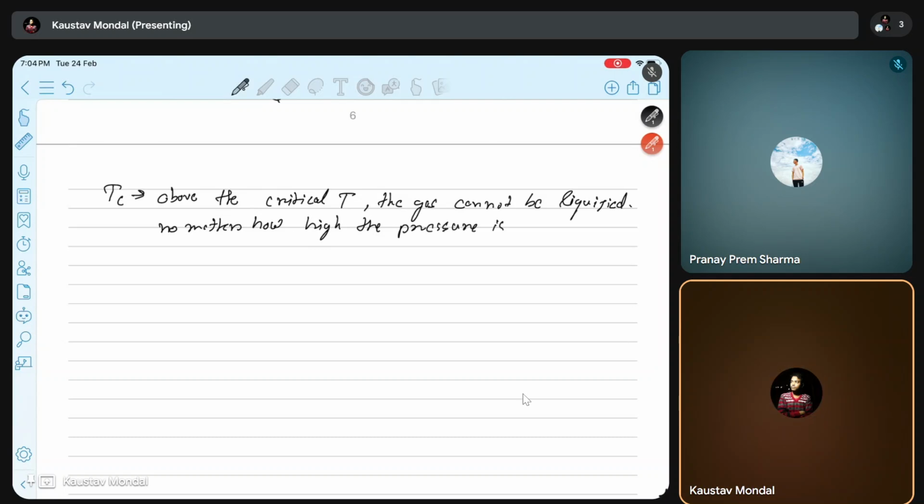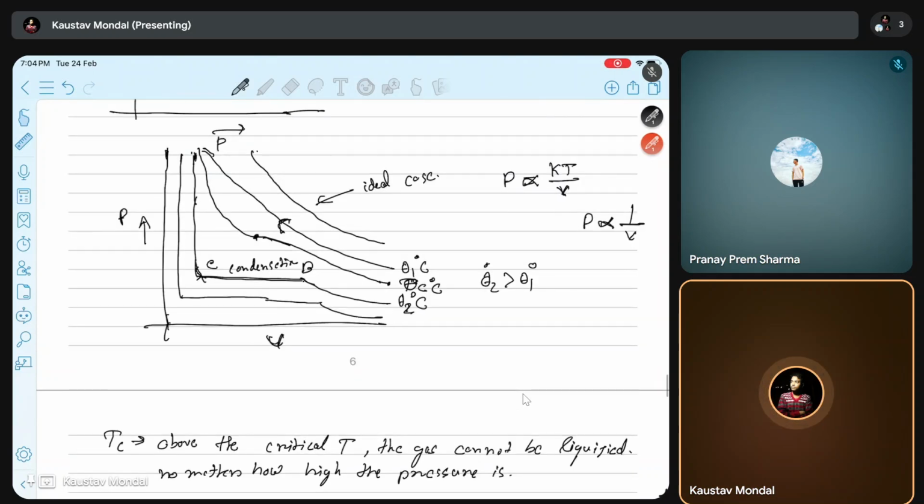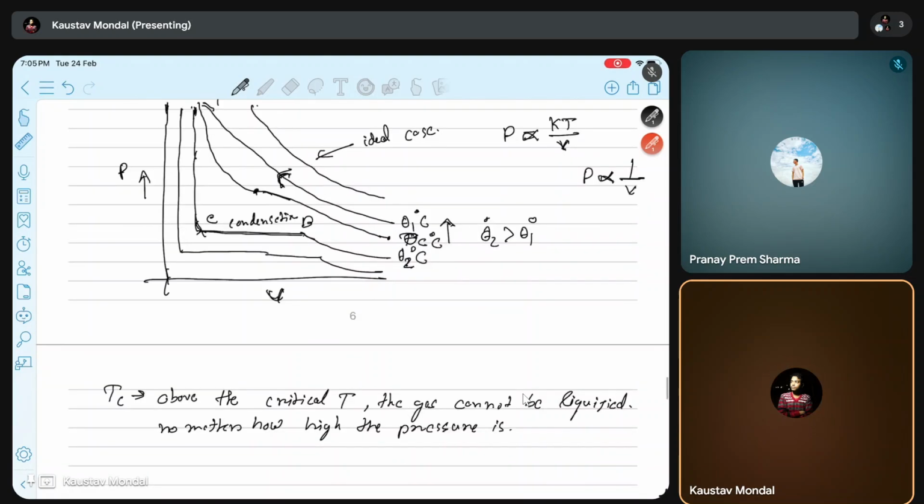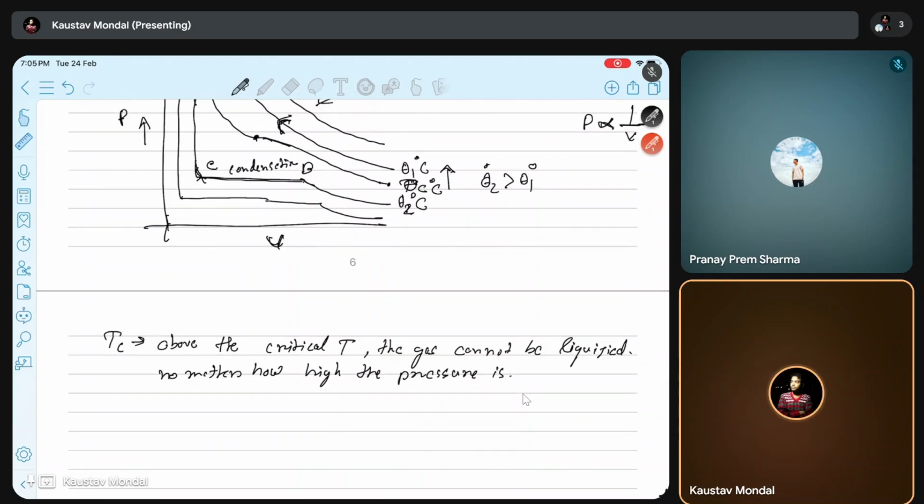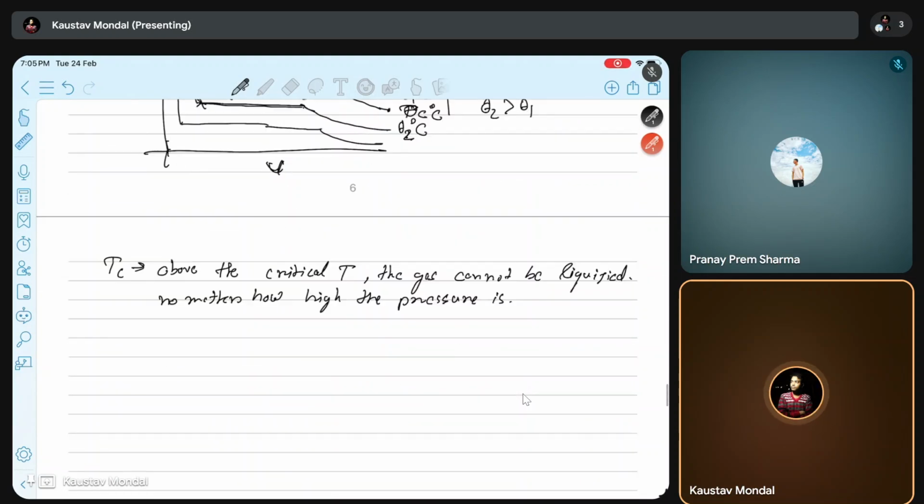As you can see, if you make the temperature higher than the critical temperature, there is no plateau region. That means if you increase the pressure more and more, still no condensation will happen until you hit the critical temperature or go lower than the critical temperature.